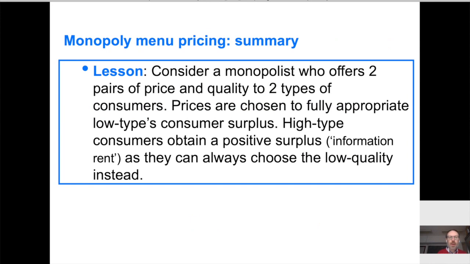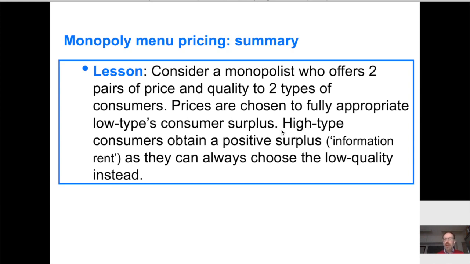Okay, so let's take stock of what we have learned so far. If you have a monopolist that offers two pairs of price and quality to two types of consumers, then prices are chosen to fully appropriate the consumer surplus of the low types. So here, these low type consumers are the businesses, and they indeed pay the maximum price they're willing to pay for the basic version.